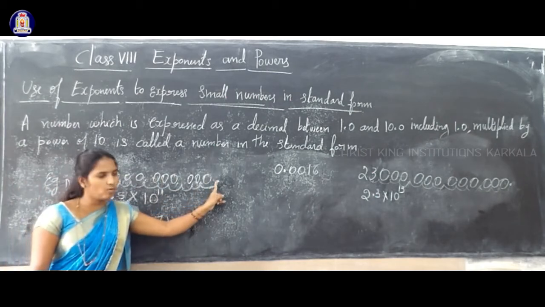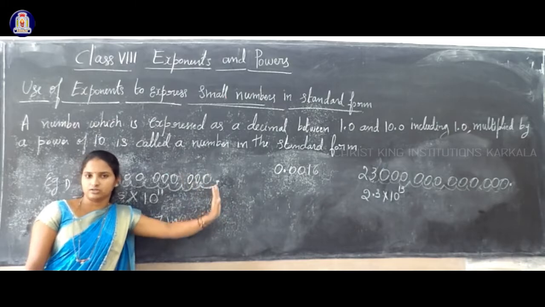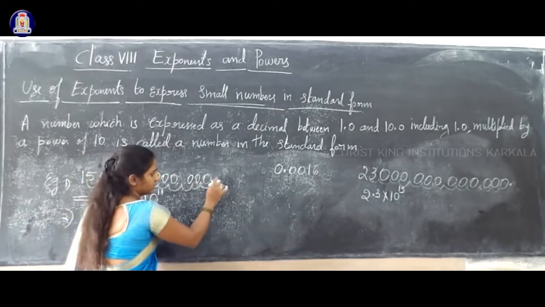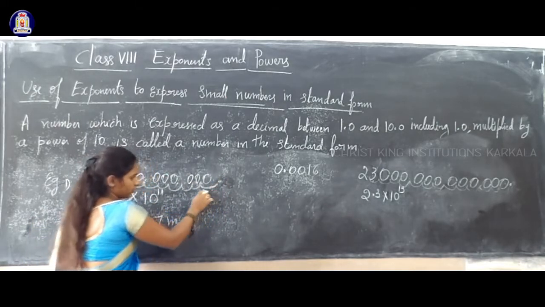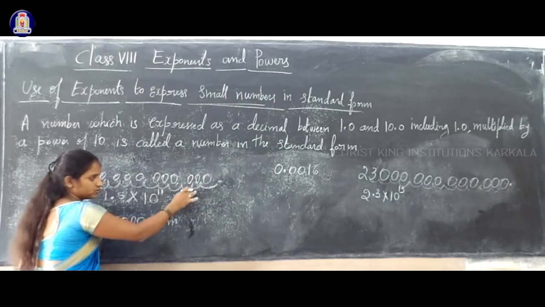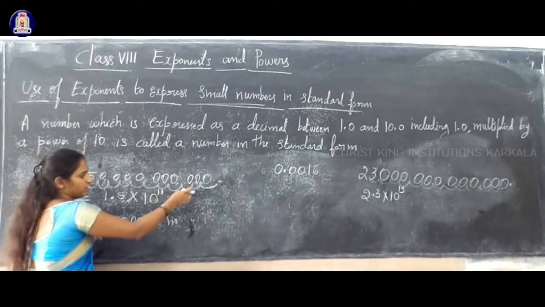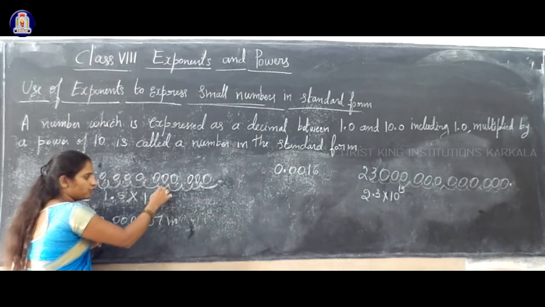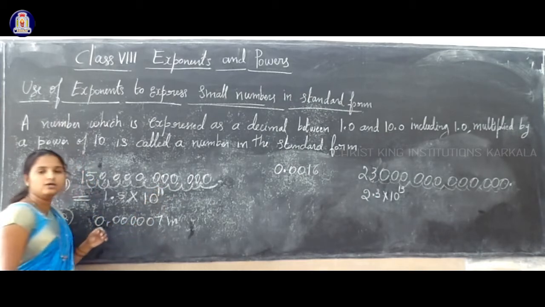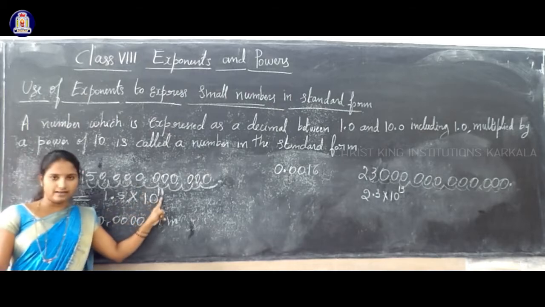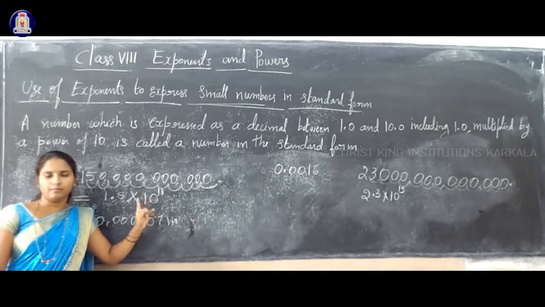In this the decimal point is in the last. Actually the decimal point is not there, but you can consider the point is here. Now you have to move to the left-hand side. If you move left-hand side, the exponent of 10 is positive. 10 power 11, 11 is positive, plus 11.